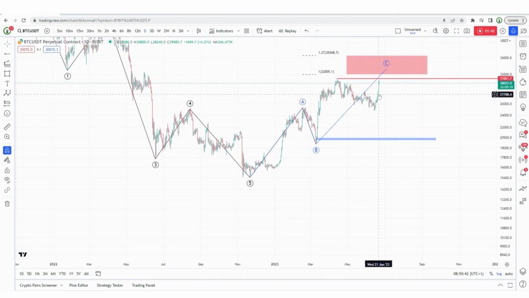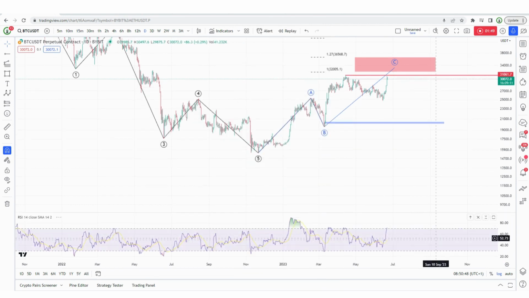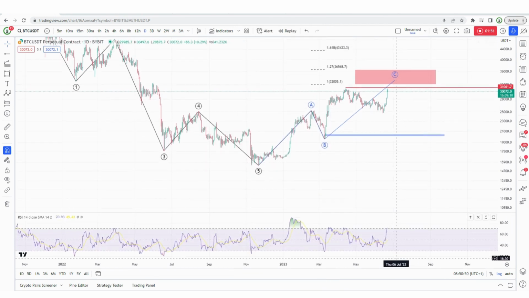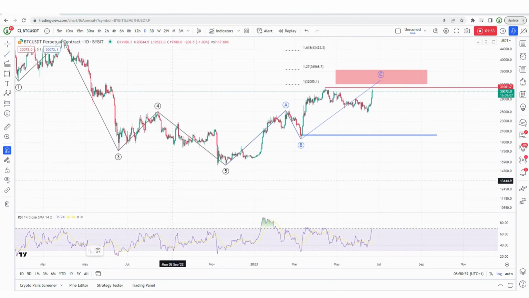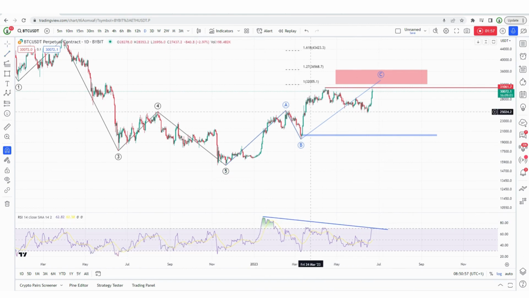Missed it by $1,000. If we go to the RSI, Relative Strength Index, we can see that we've got a huge bearish divergence. So we've got higher highs and there's lower highs on the RSI, okay?